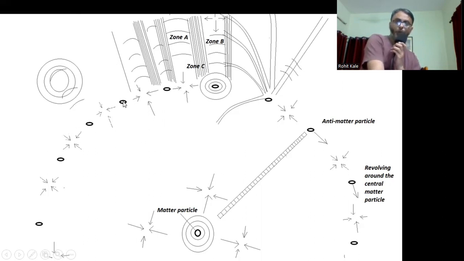So it has to go all over here. So in one Planck time, which is 10 to the power minus 43 seconds, there is more than 1 meter of extra space being formed over here in each of them. So that's why this whole sphere is going to rotate very rapidly.